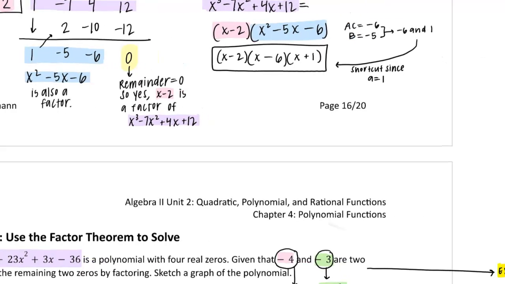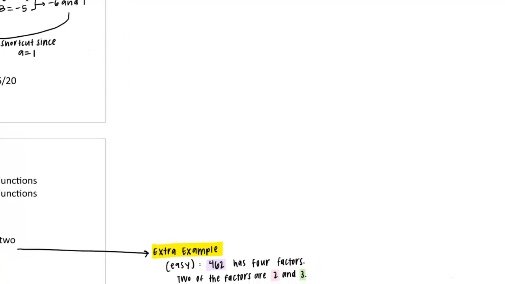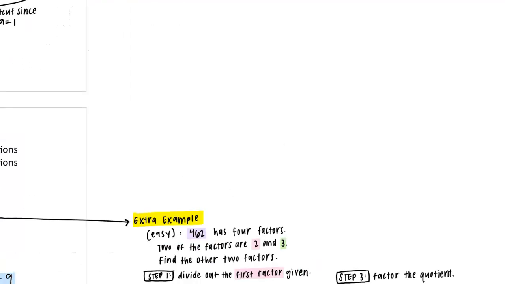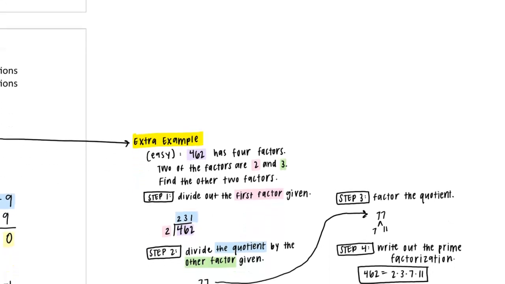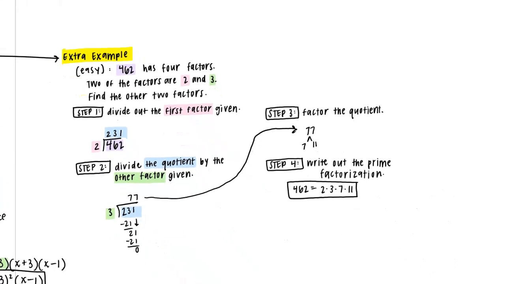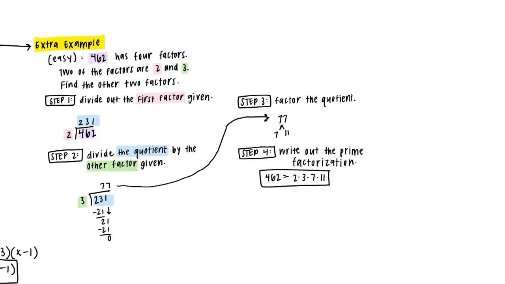Before we get into this problem, I wanted to go off on the side and give you an extra example of an easier question. So let's say I told you that 462 has 4 factors. 2 of the factors are 2 and 3. Find the other 2 factors. If you were trying to answer this question, you would take the 462 and divide out the first factor given.